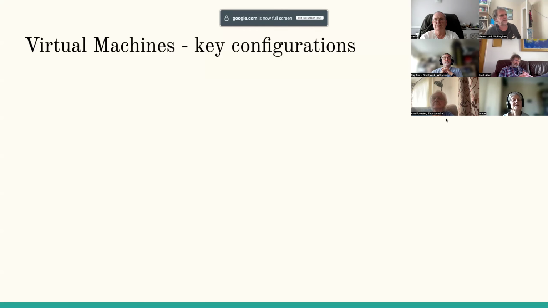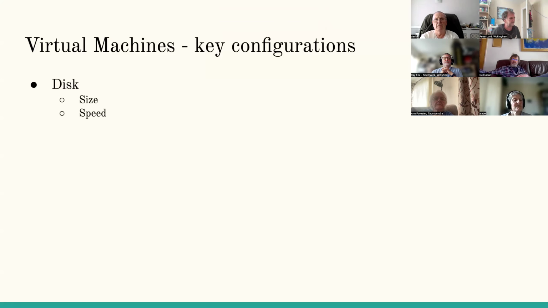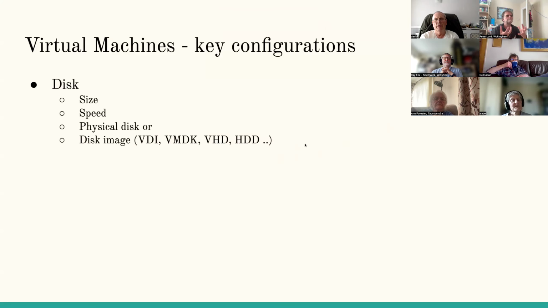All right, so when you're setting up a virtual machine, there's obviously a few things you need to configure. The disk sizes and speeds and such like. You could actually have an additional hard disk plugged into your host, and you give that hard disk wholly over to your virtual machine, so nothing else can access it.